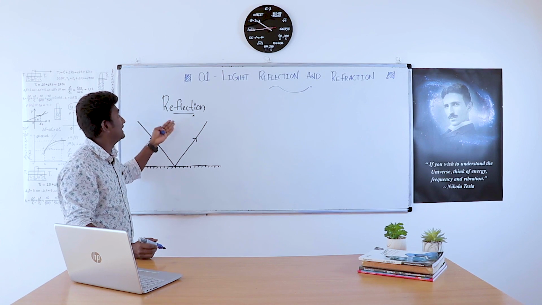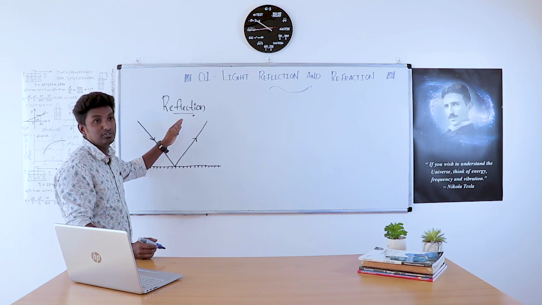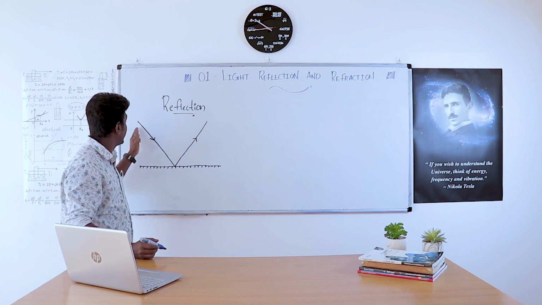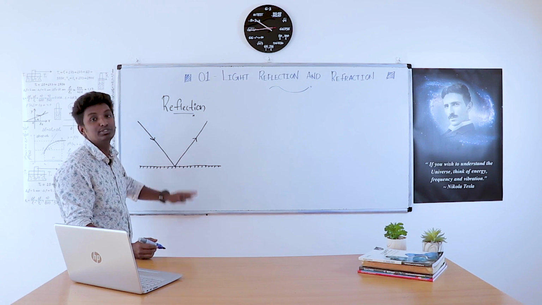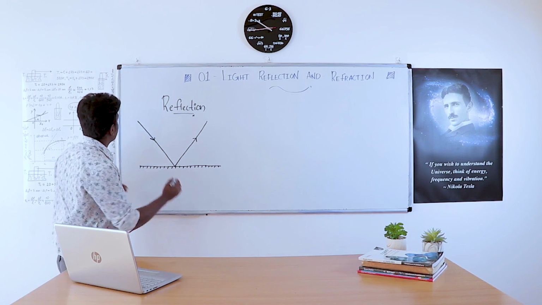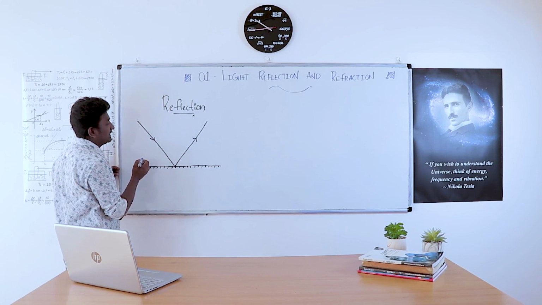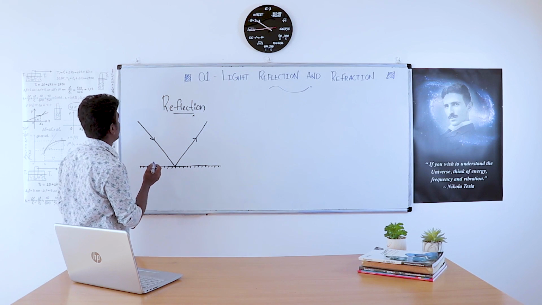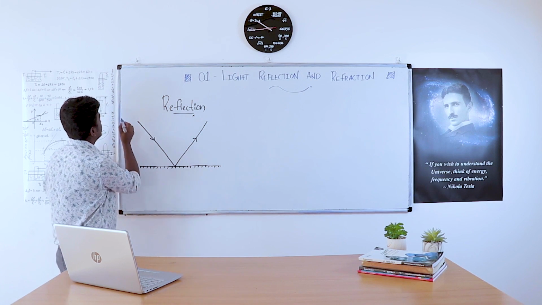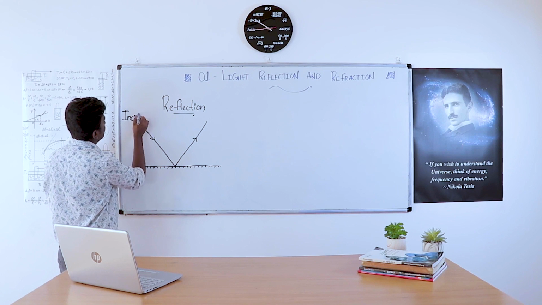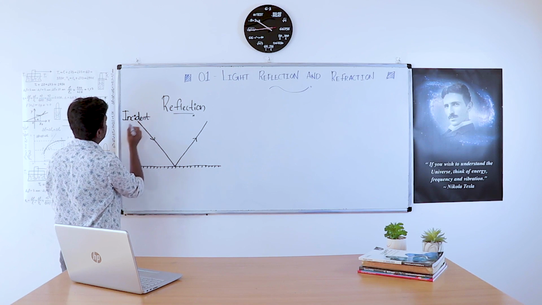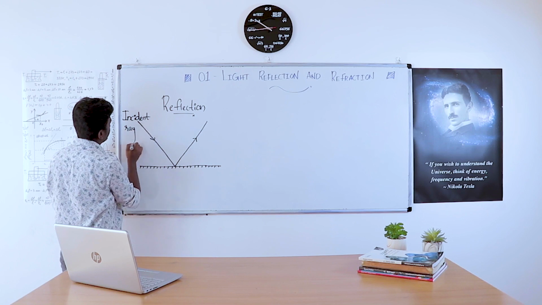So we can define reflection as the phenomenon of light in which a ray of light is incident on a smooth surface and bounces back. The ray of light which is incident on the surface is known as the incident ray.